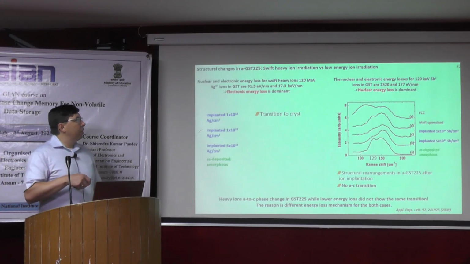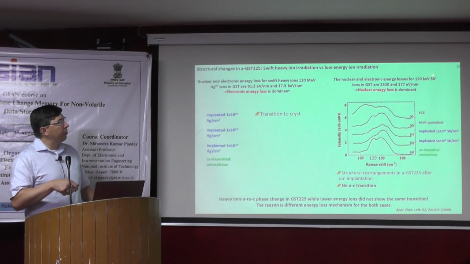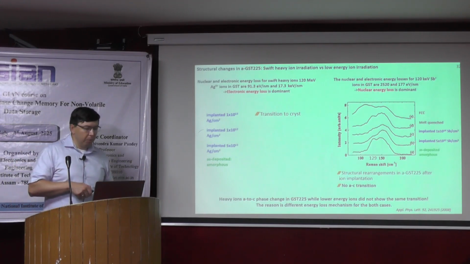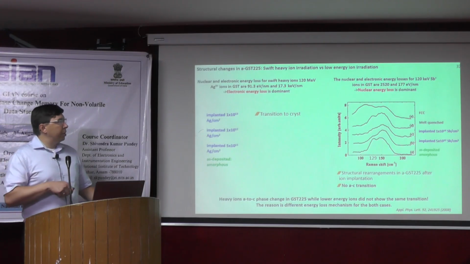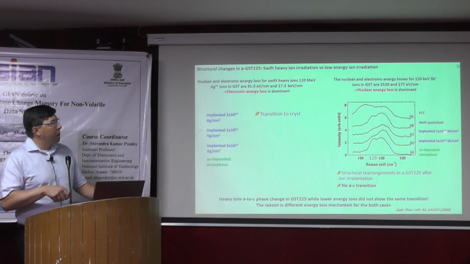In the case where this amorphous phase is irradiated by antimony ions, this energy induces mostly nuclear energy loss in the system. Here the amorphous system stays in the amorphous state even up to implantation of 10 to the 14.